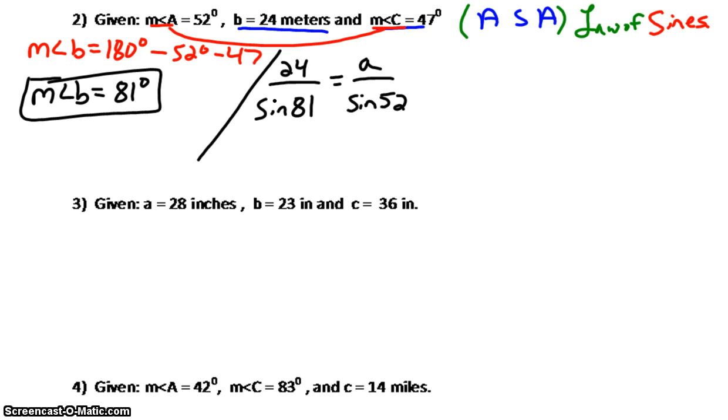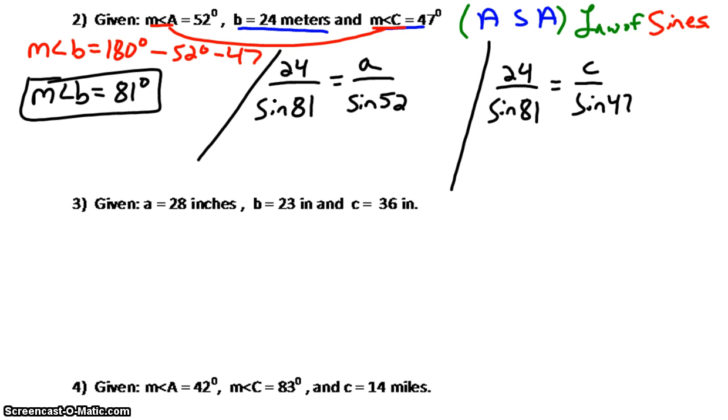And that is one setup to solve. Then the other setup that I'd like you to work on would be to set up 24 over sine 81 equals, and then what do we get with a C over sine 47. So we got that set up. That's the good process for you to just work those out on your own.